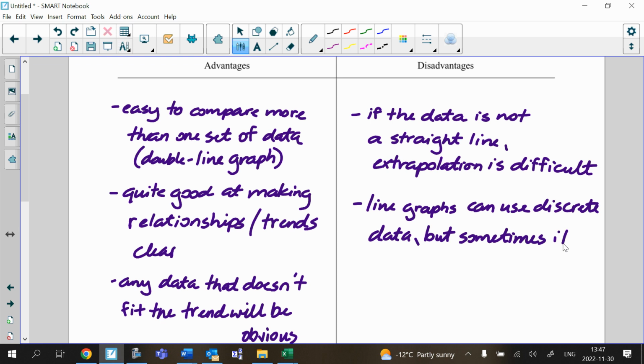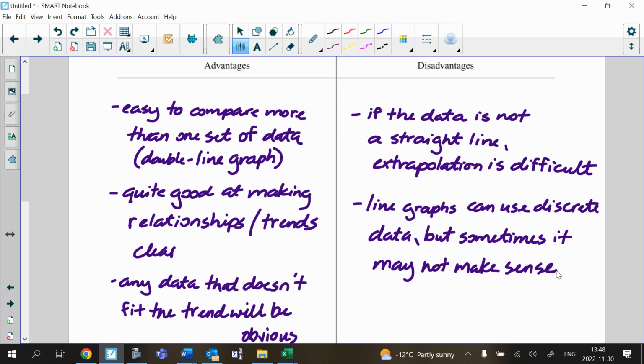We could use, like that previous example with the number of workers, that's really discrete data because you can't have part of a worker. Although, some of the graph wouldn't make sense. You would say, well, how many cars could 40.75 workers produce? Well, that's not a question that's reasonable to answer.